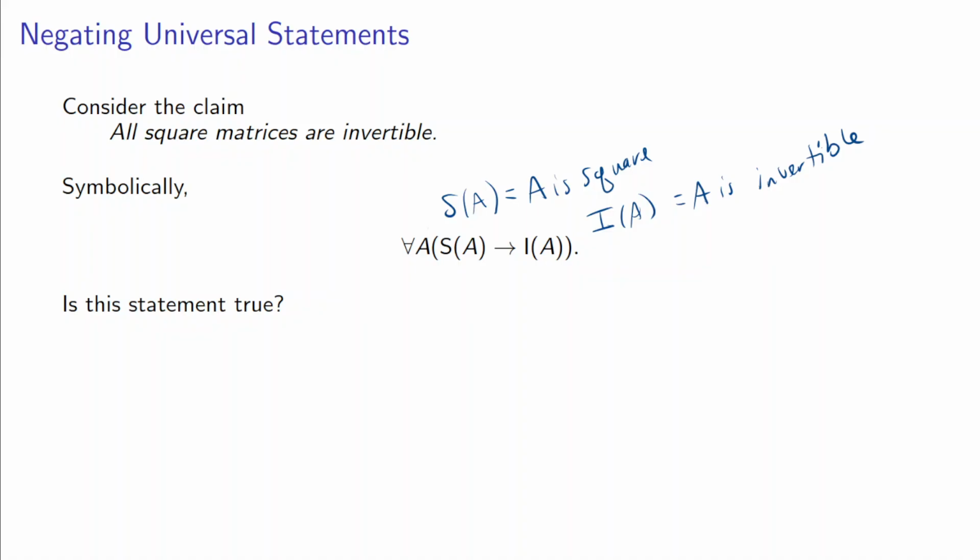So this says for all matrices A, if A is square, then A is invertible. And so the question is, is this statement true?